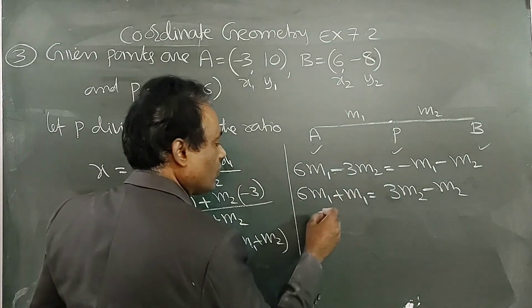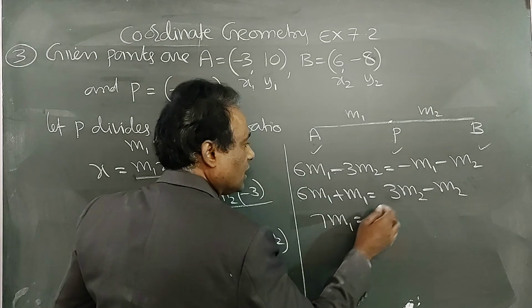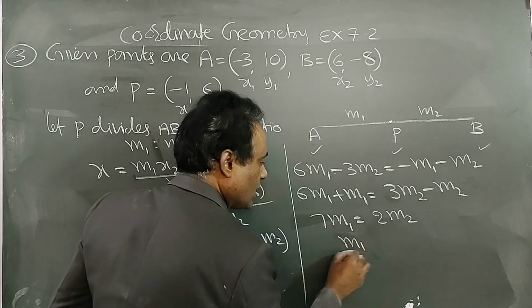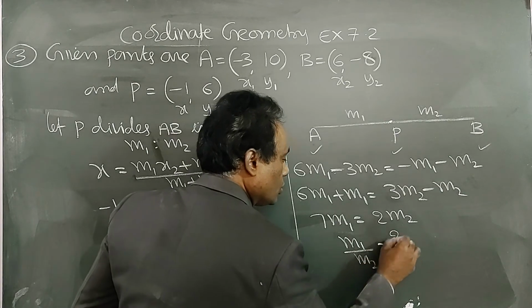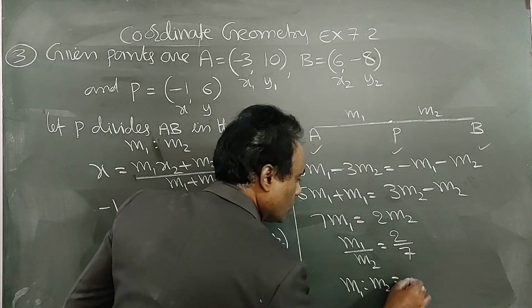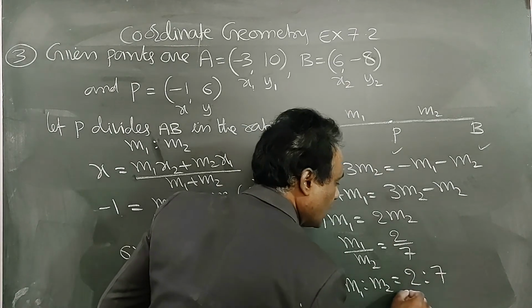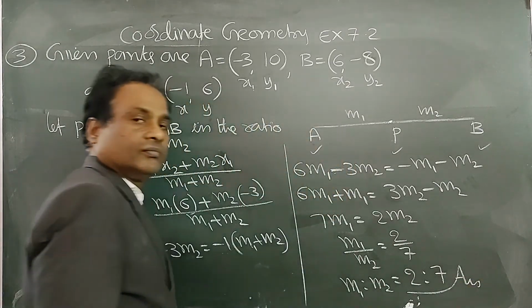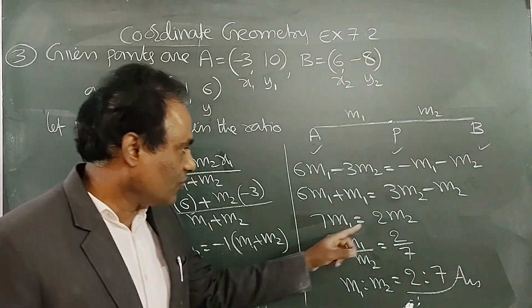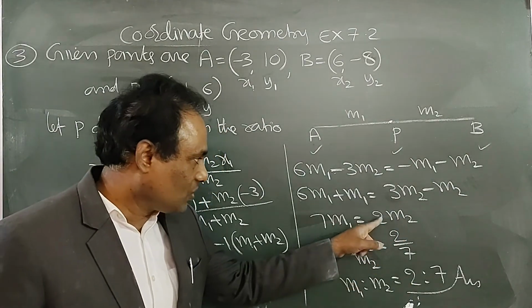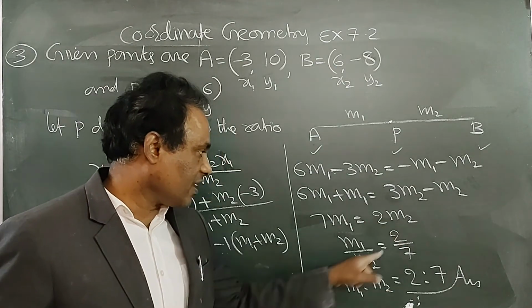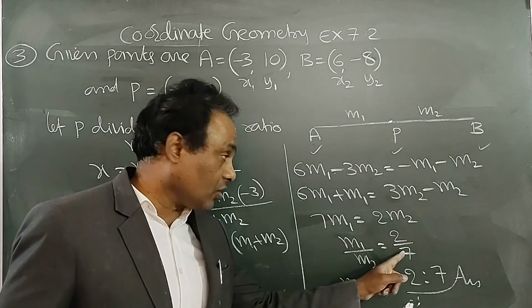So 6 plus 1, 7m1. 3 minus 1, 2m2. m1 by m2 is equal to 2 by 7. m1 is to m2 is equal to 2 is to 7, answer. We have to prepare like this.